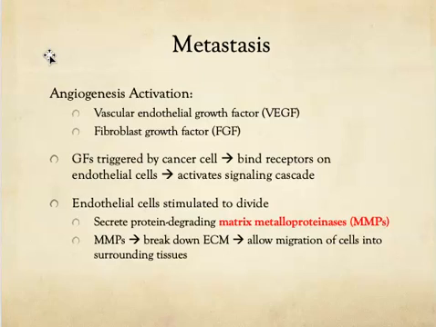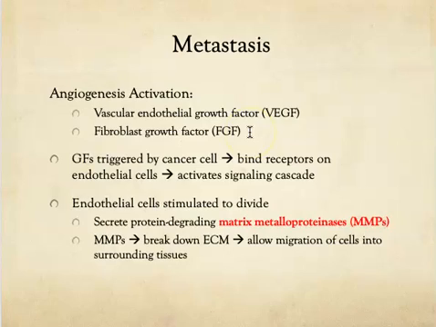The kinds of things that stimulate angiogenesis are normal proteins that are called growth factors. Two of the ones that we know are involved are one called vascular endothelial growth factor, which goes by the abbreviated name VEGF, and something called fibroblast growth factor, or FGF.